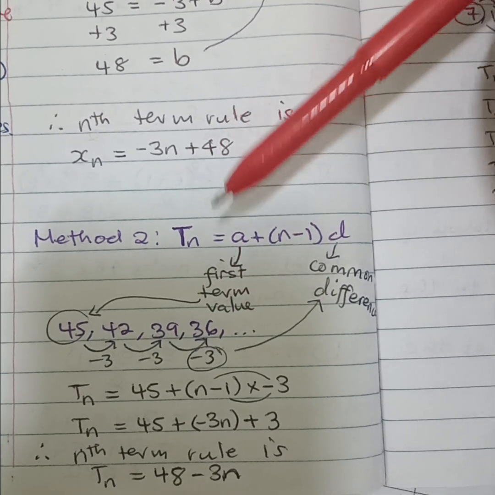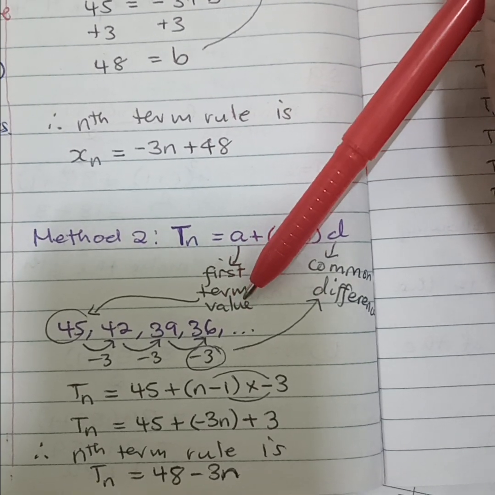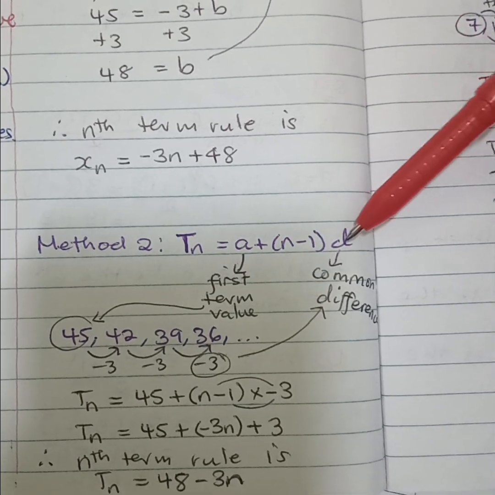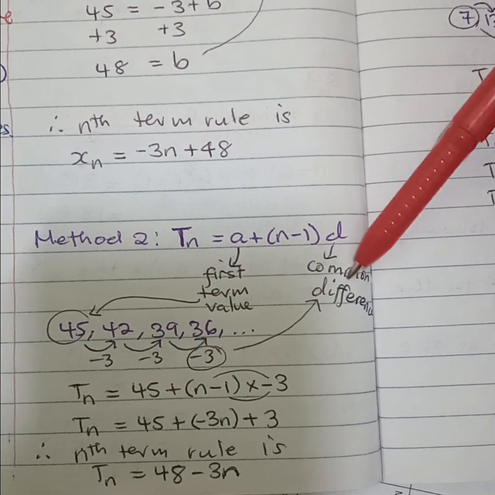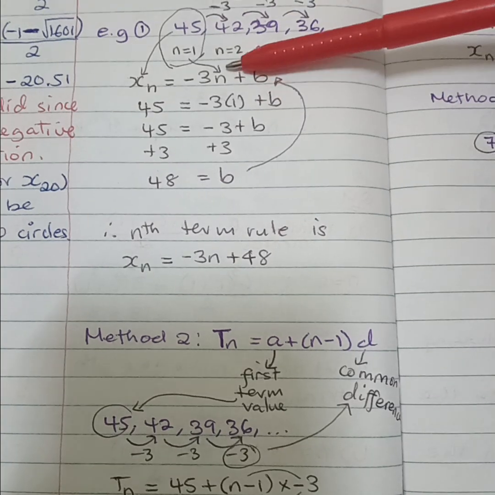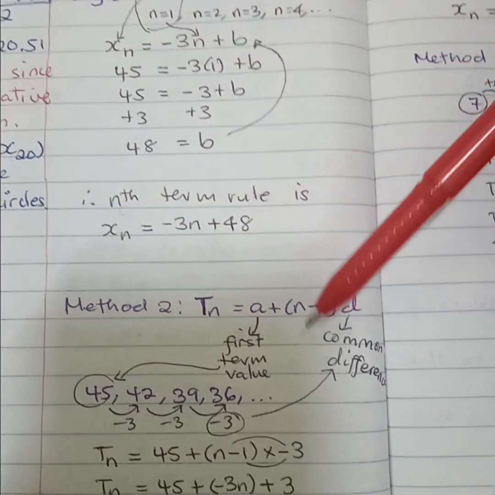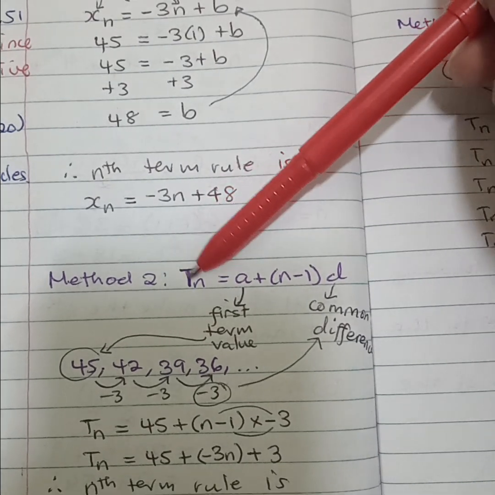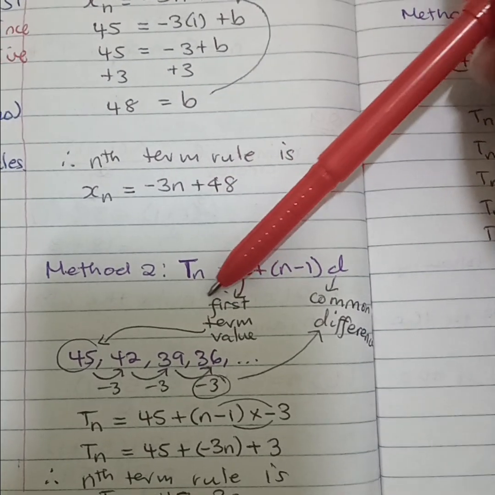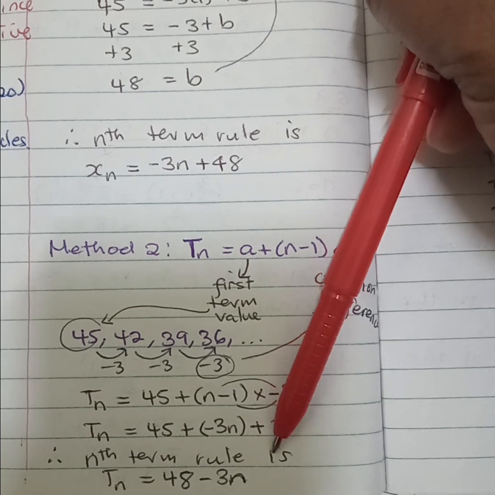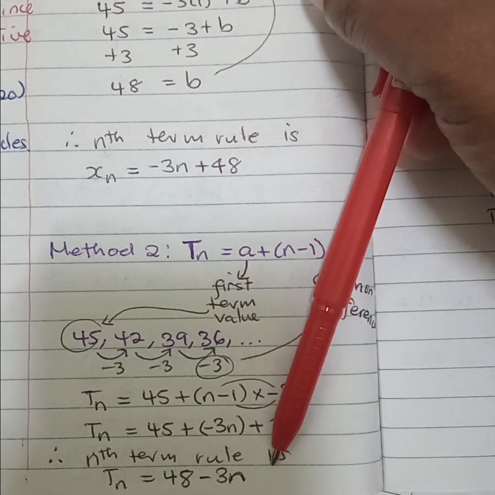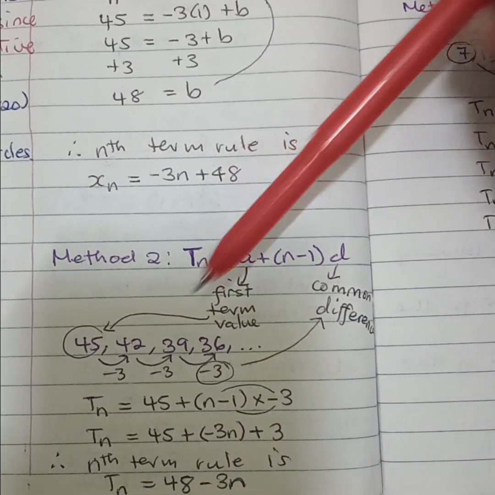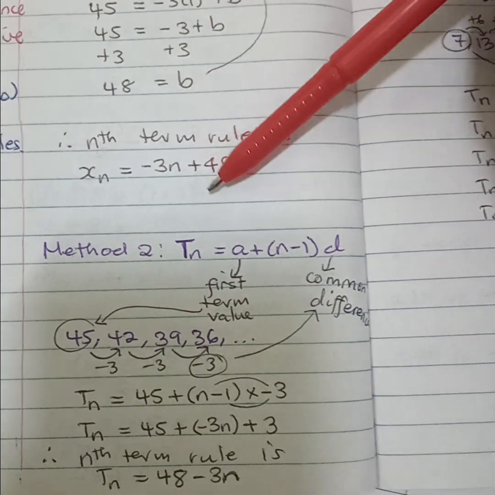Take note, it's the term value, not the position. And this d here, that's the common difference, which is the same as that common difference here. So we just find these two things, we plug them into this general formula, and we simplify it down, and we should end up with our n-term rule for our current sequence.